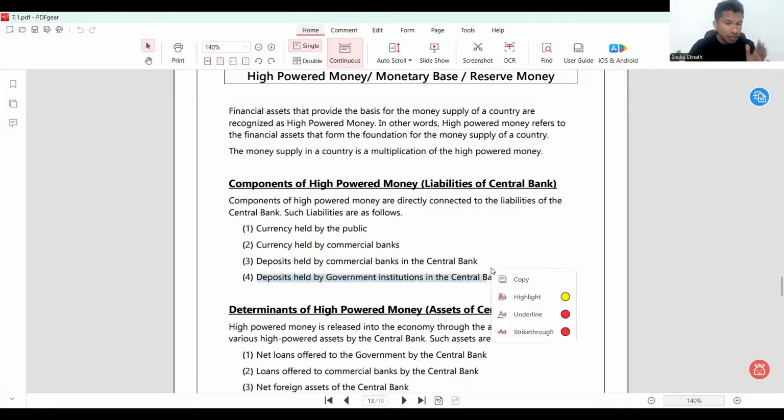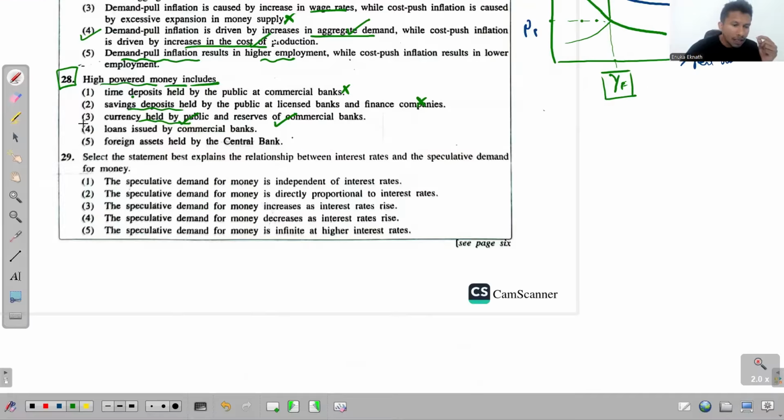But no problem. The reason, as we discussed in the theory classes, is that this value is insignificant, hence it is ignorable, right? So the answer for this question 28 is the third one. Loans issued by the commercial bank, that's wrong. Foreign assets, no, that is not a component of high-powered money.